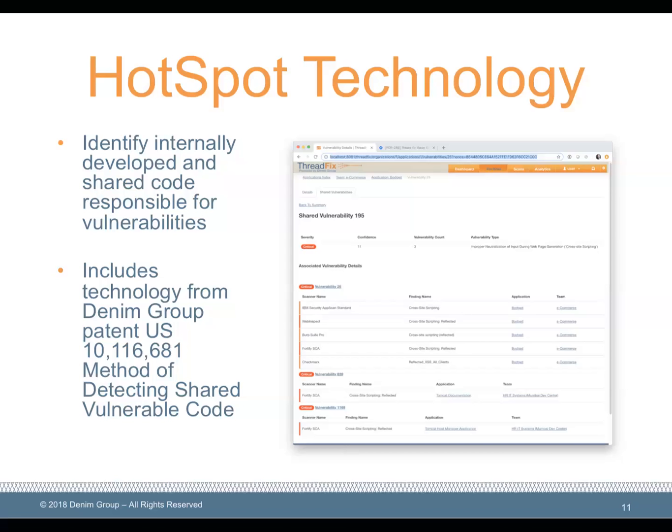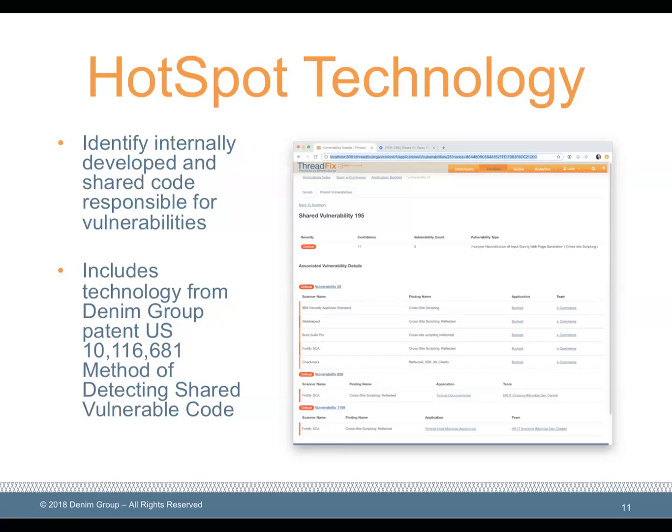The vulnerabilities introduced by the first team then show up in the applications managed and maintained by other teams. We actually had a patent granted on this at the end of October, so we're really excited to see the investment we've made in technology development making its way through the system, and being embedded inside of ThreadFix.